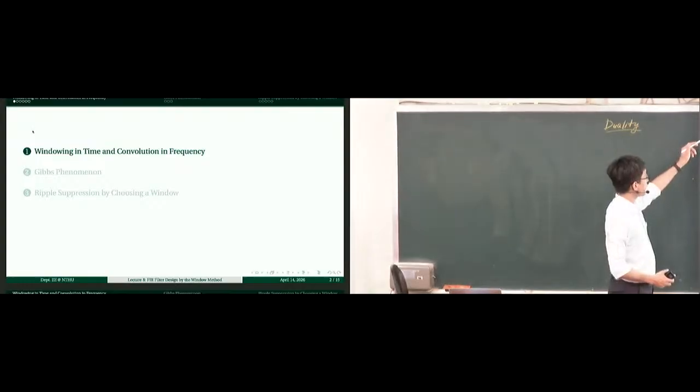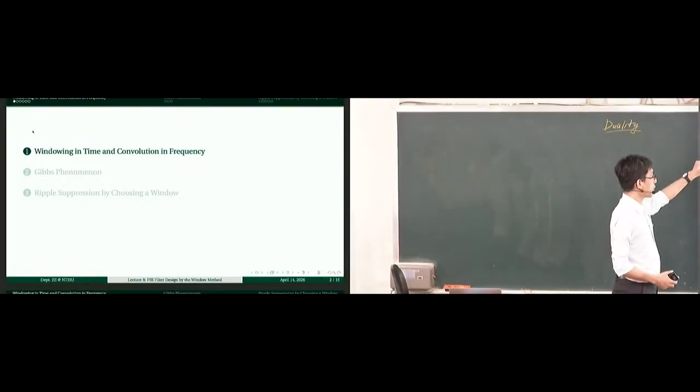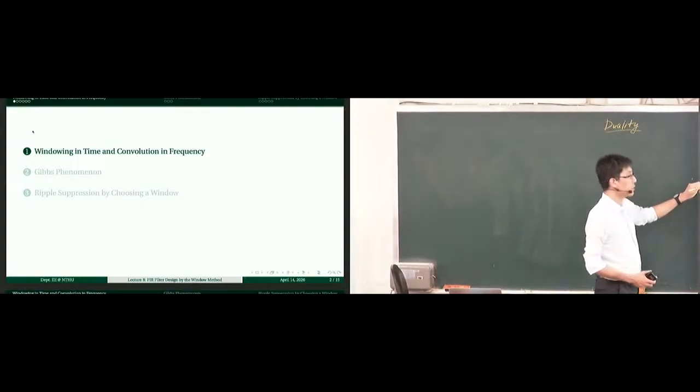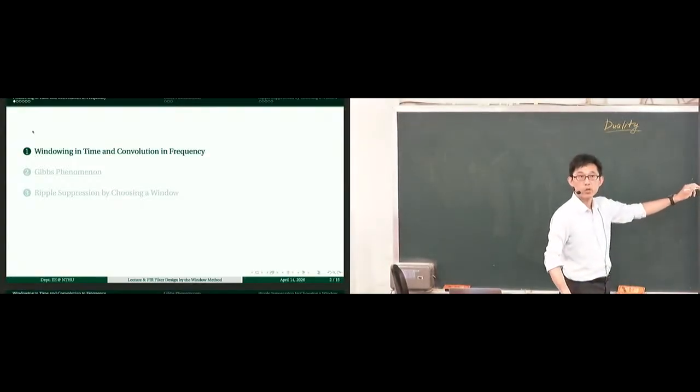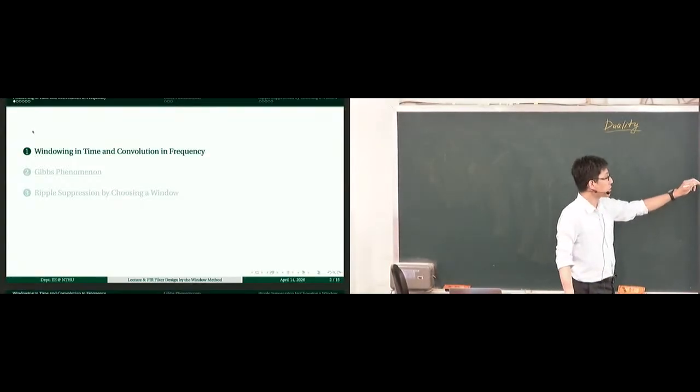For this lecture, we will also encounter an important, historically well-known phenomenon created by window design of an FIR filter, called the Gibbs phenomenon, which has serious implications about the limitations of designing a filter using this method.